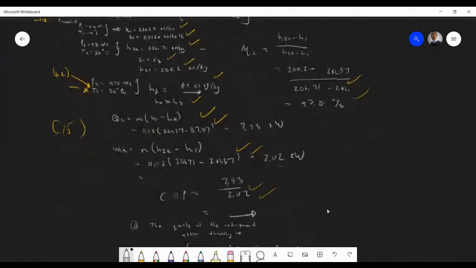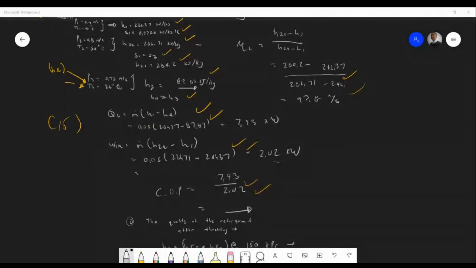So quickly, can we just quickly get that? Let's see the quality of the refrigerant.